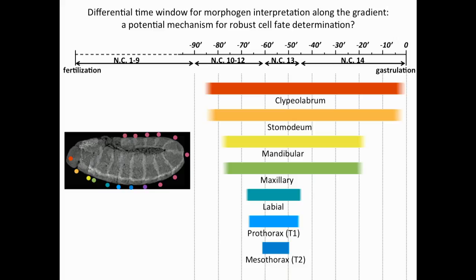In comparison, the more posterior region arrives at a correct decision in much shorter period of time. In other words, cells experiencing a higher bicoid concentration also require bicoid for a longer period of time. So here we observed a spatial temporal coordination of morphogen gradient's impact on cell fate decision.